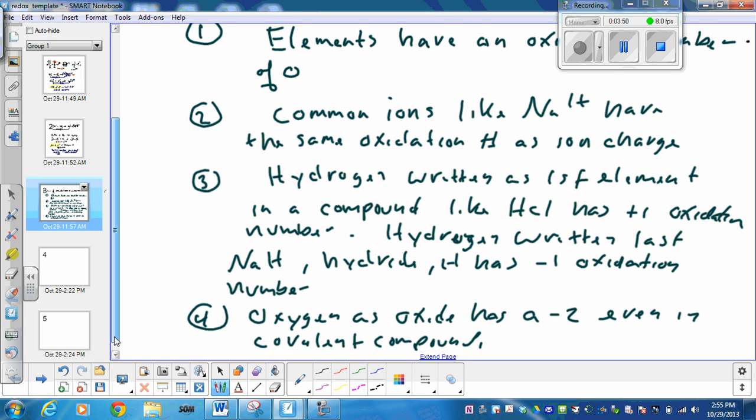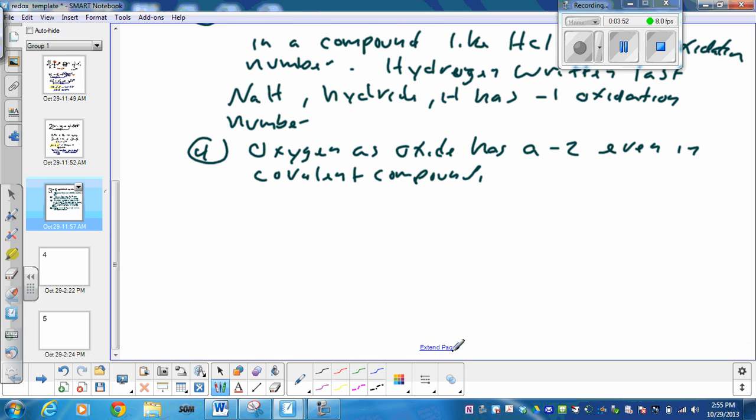For example, when we talk about something like H2O, here the oxide is considered -2, and each of the H's is +1. Even though this compound is not ionic, it's used for the convenience of trying to identify changes in electrons in a reaction or redox reactions.